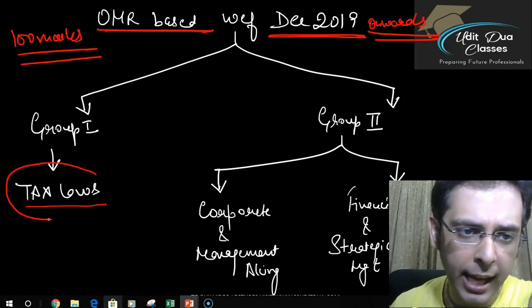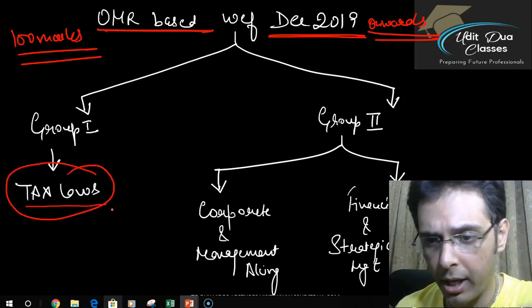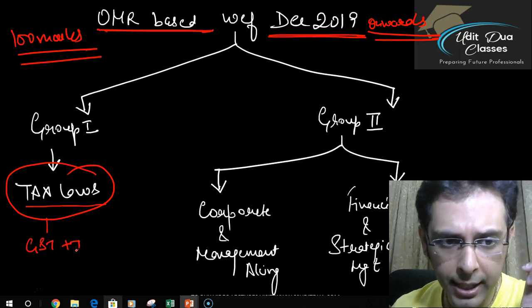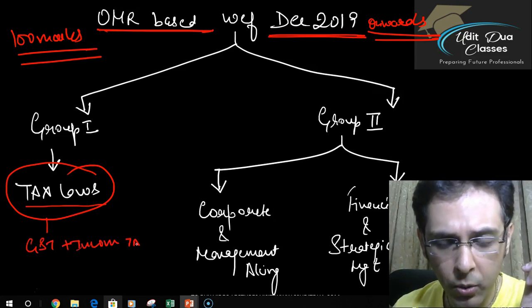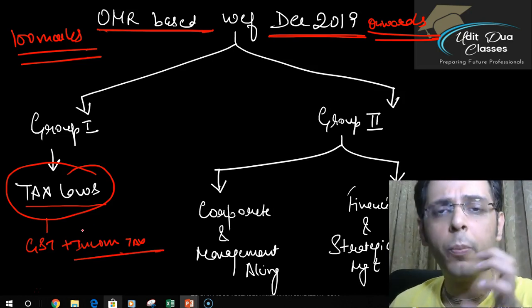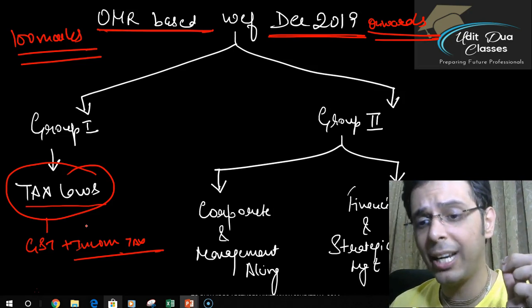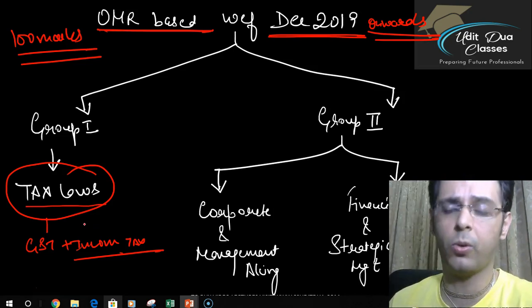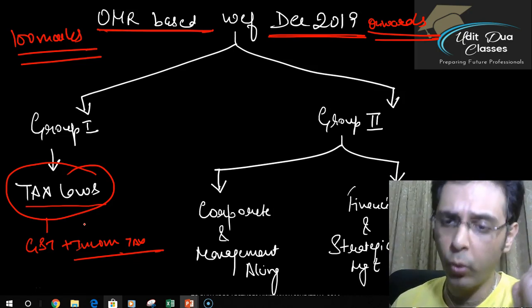The first group paper, tax law, is now going to be OMR. Tax law includes goods and service tax plus income tax. Now, one important advantage you have is that in the previous old syllabus also, the tax law paper was OMR based.